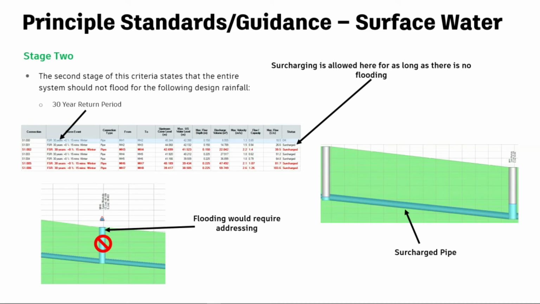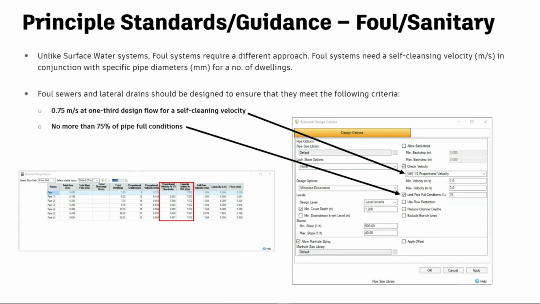If flooding does occur, there are some options to alleviate that, such as upsizing the diameter of certain pipes, or the inclusion of storage structures to attenuate peak flow. Ultimately, the overarching principle of this stage is that flooding shouldn't be present for this design return period, which is 30 years.